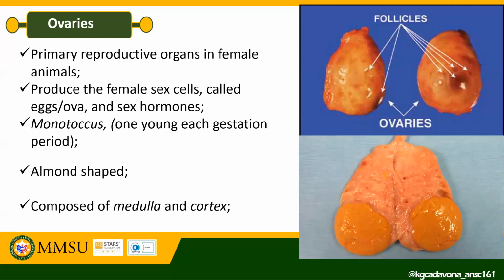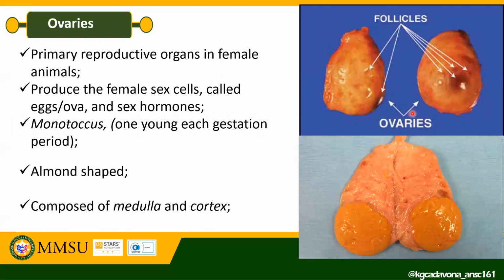For the appearance, usually for the dairy cow, it is described to be in almond shape, but the shape is usually altered by the growing follicles or the corpus luteum. However, the size will still vary among the animals, and usually the active ovaries tend to be larger than the inactive ones.